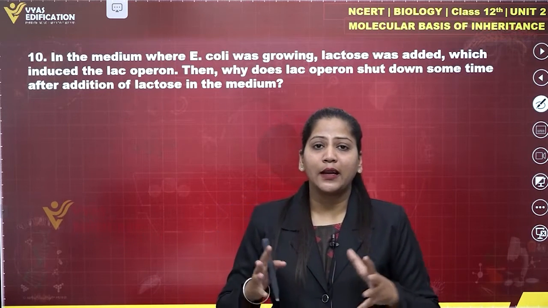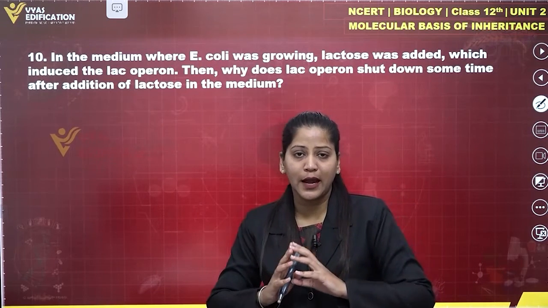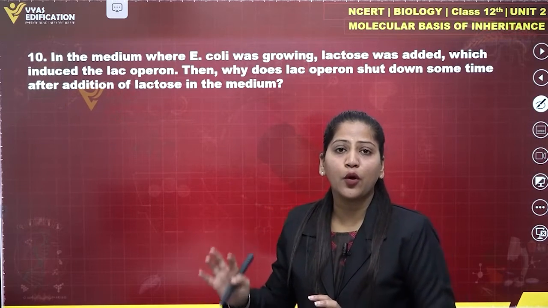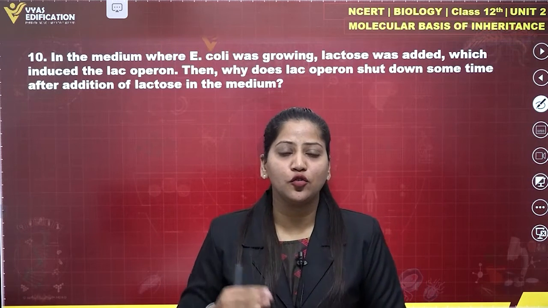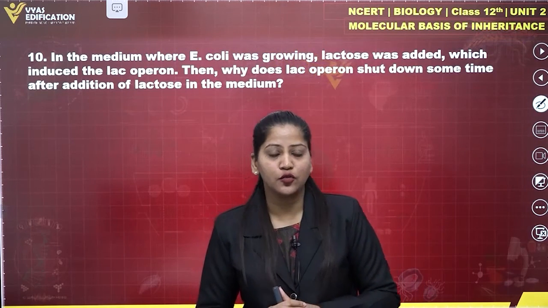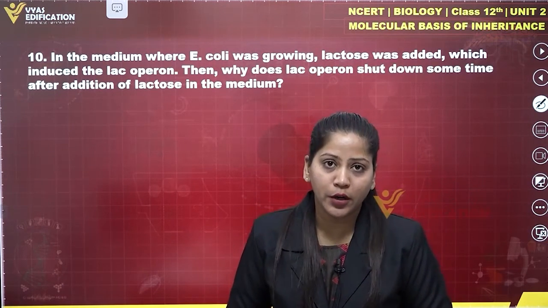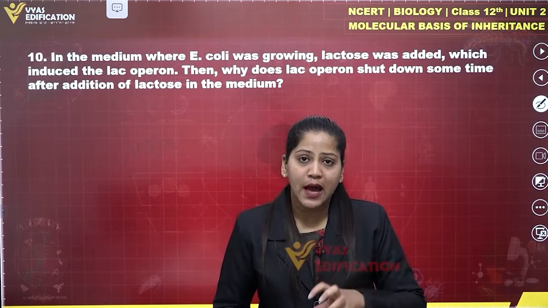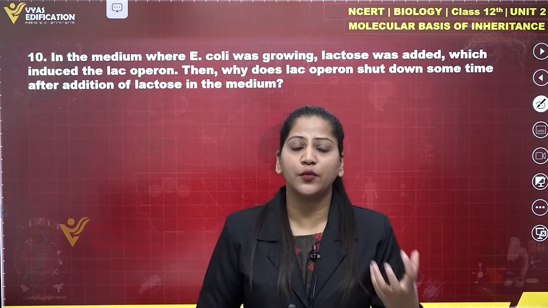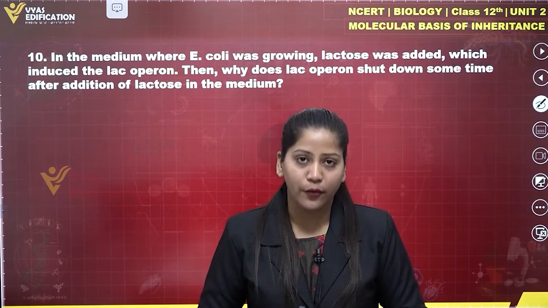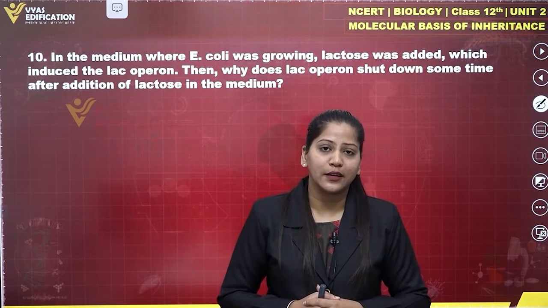Once the lactose is completely used, the lac operon shuts down, because in the absence of lactose, the repressor binds to the operator and does not let the genes be transcribed. The permease enzyme, encoded by the lac operon, enhances the permeability of the cell membrane so that lactose is transferred into the cell once it is available. So, low level expression of lac operon is always required.